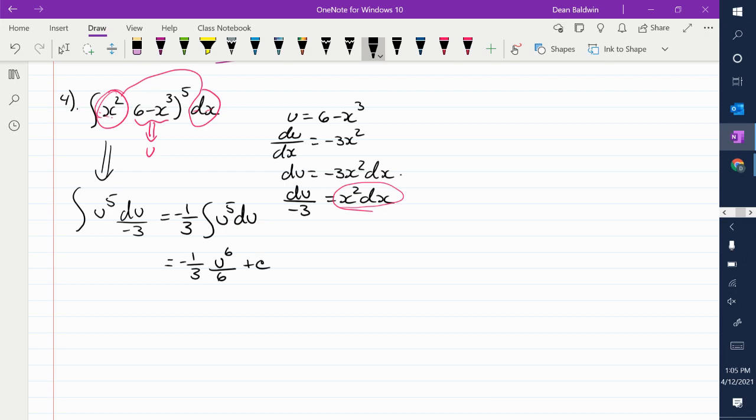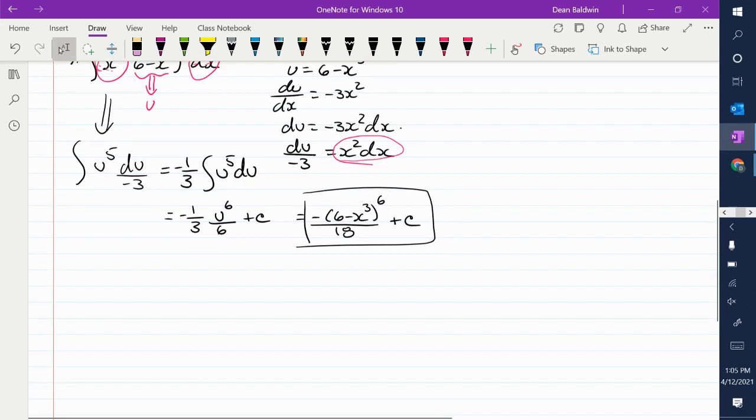And then sub back in what your u was. 6 minus x cubed. And negative 1 over 3 times 6 is negative 1 over 18, and there's your answer.